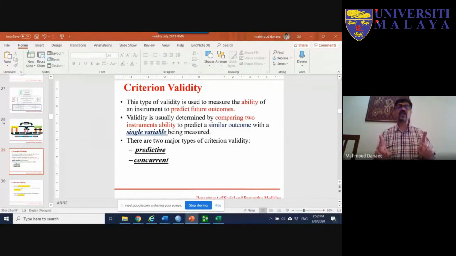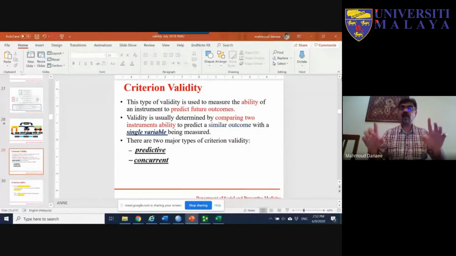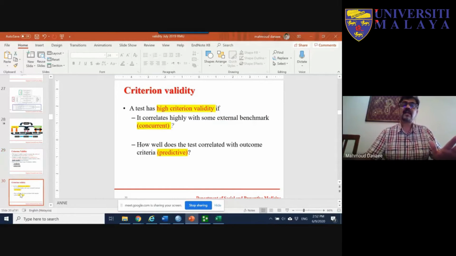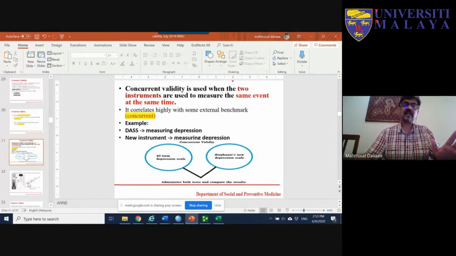In this case, it is called concurrent validity because both instruments measure the same thing. So how can we check the criterion validity, both predictive and concurrent? Through statistical analysis, and the statistical analysis is correlation and regression analysis.